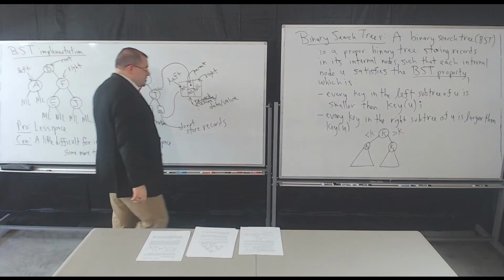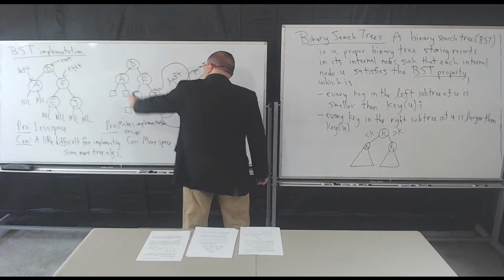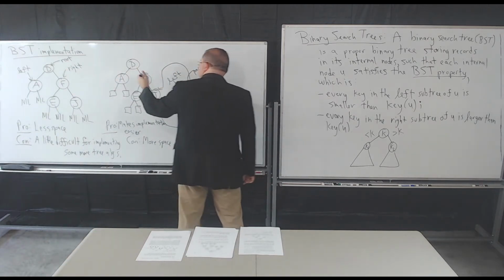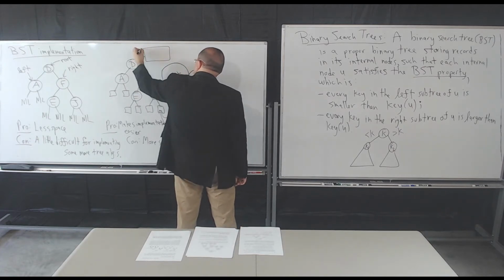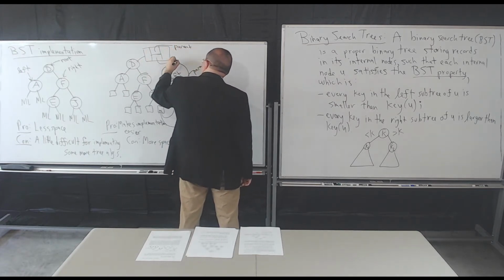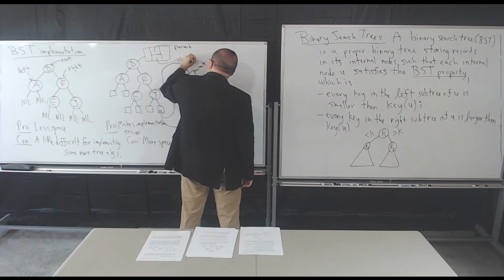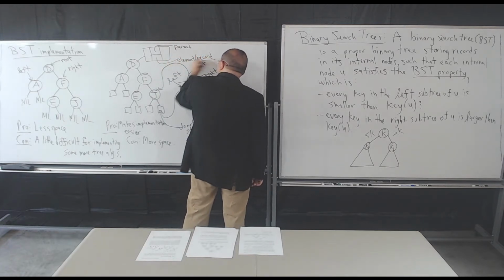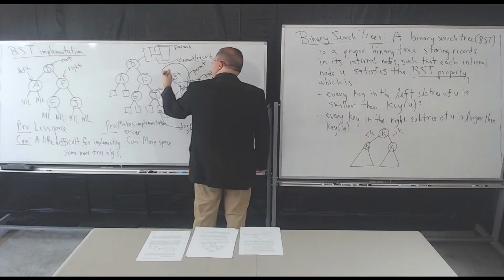So, in this course, we're going to adopt this implementation where each one of the nodes looks like this: you have a parent reference, and an element or record. So this would be a reference to your record object.